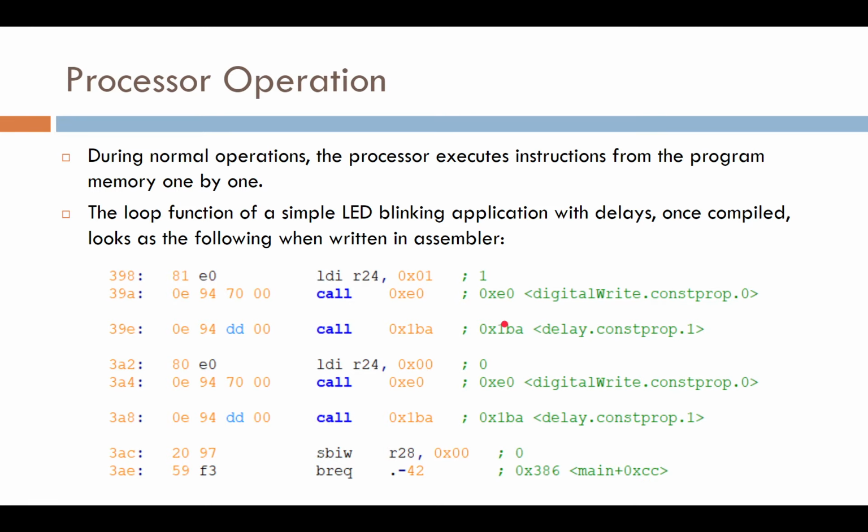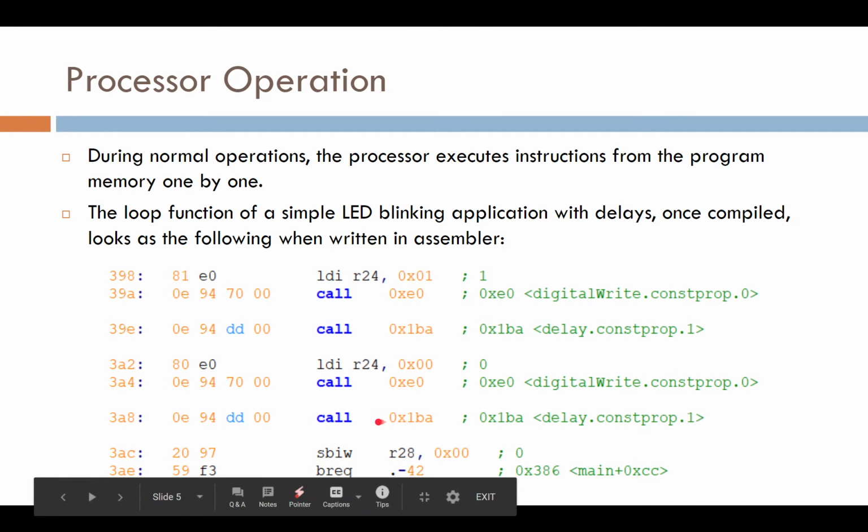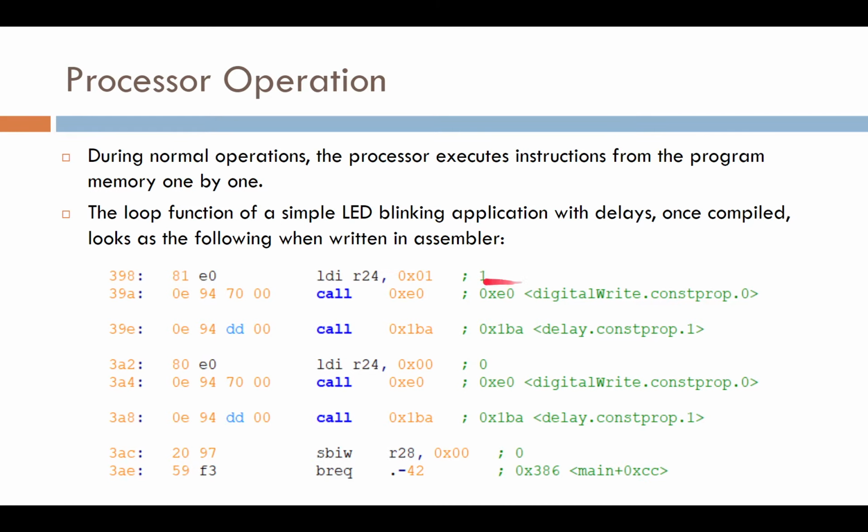Then there's a delay call to a subroutine, then digital write again, and then calling. Before a subroutine call, here we have load immediate hexadecimal 1 to register 24.